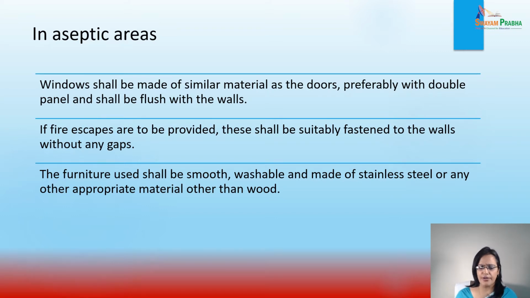The furniture which is used shall be smooth, washable, and made up of stainless steel or any other appropriate material other than wood. Okay, so wood is completely avoided. Anything which is made up of wood should not be kept there. So preferably stainless steel equipment and stainless steel facilities; cupboards and shelves are made up of stainless steel in the parenteral area.